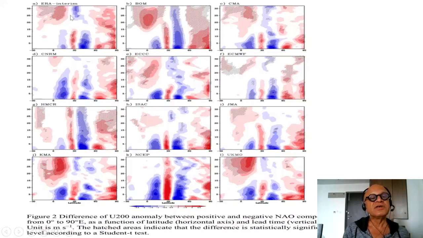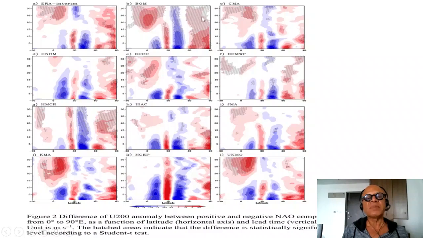So you can see the relation along the latitude, and in the northern hemisphere you see this strong persistence of the zonal wind anomaly at all lead times in the ERA-Interim, which is used as reality here, and the models, looking at other structures that relate to how the extratropical signature is brought into the deep tropics to affect the MJO in the Indian Ocean sector and the African sector.